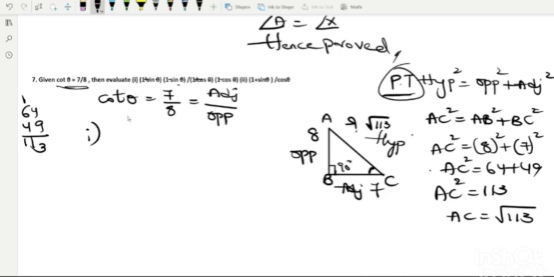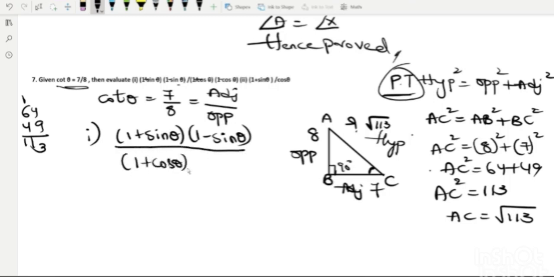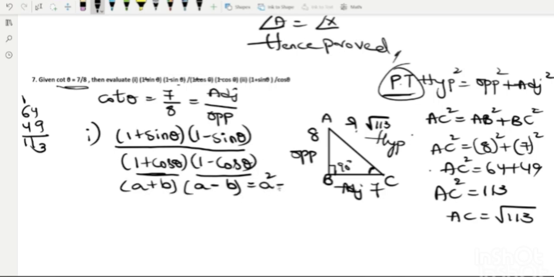So the first question here is 1 plus sine theta into 1 minus sine theta divided by 1 plus cos theta into 1 minus cos theta. Here you can see one term as a plus b and the other term as a minus b. So you have a formula for a plus b into a minus b, which is a square minus b square. So at the top it is a plus b into a minus b.